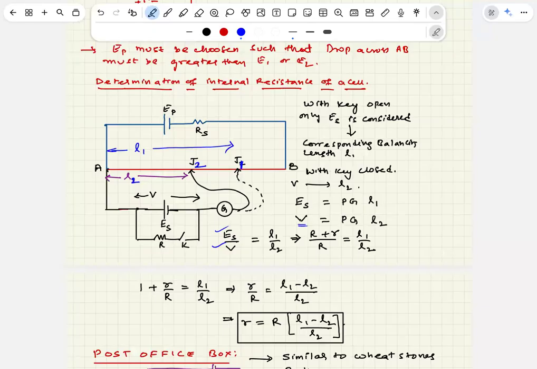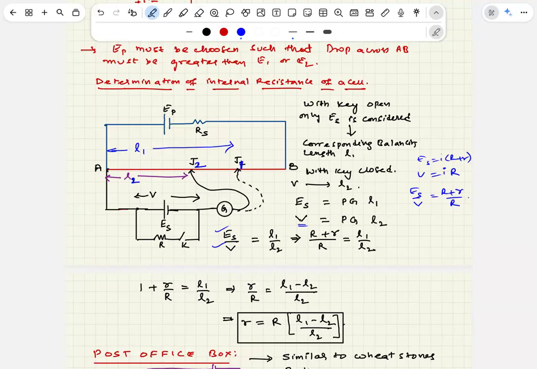But already we know E secondary is capital R plus small r, and the potential difference is I capital R. So E secondary by V can be replaced as capital R plus small r by capital R.